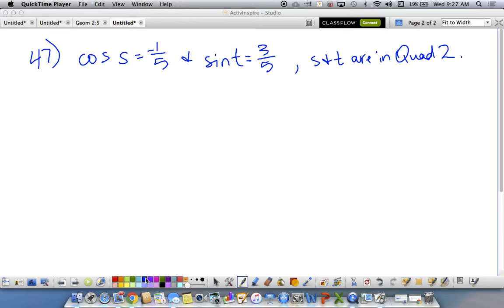So what are we trying to find? With these, what do we have to do? We didn't do one yesterday, but we've done one recently.